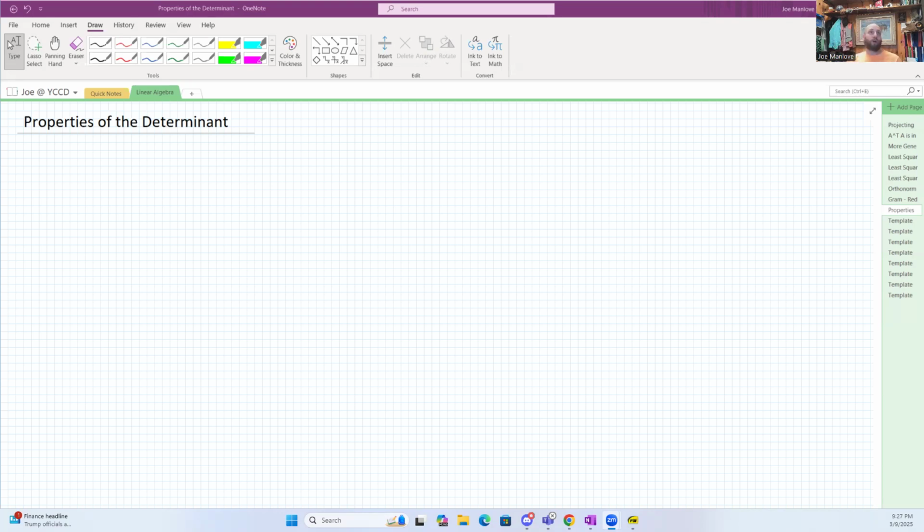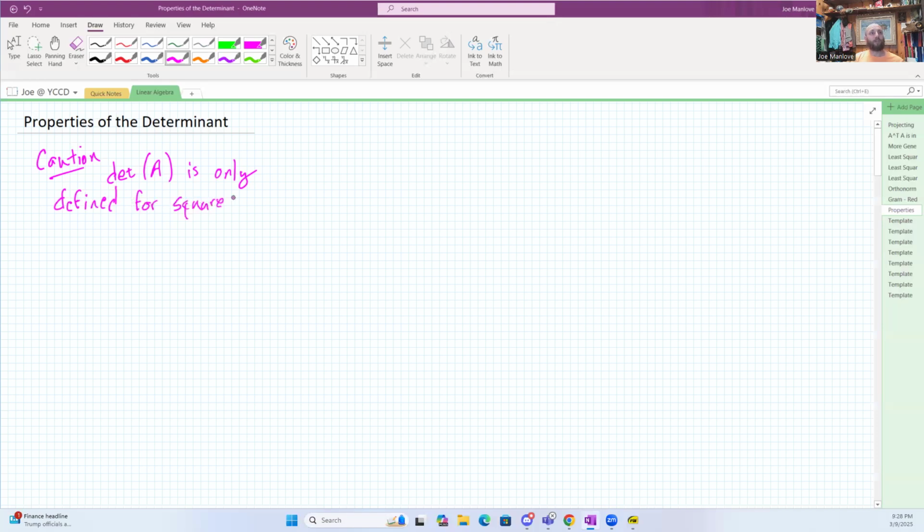Word of caution right off the top. Caution: the determinant of a matrix A is only defined for square matrices.